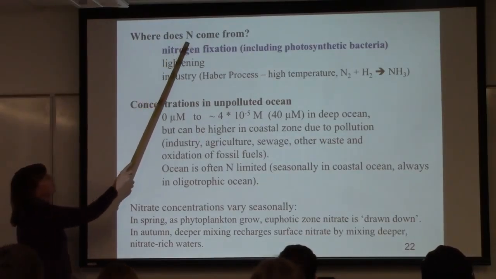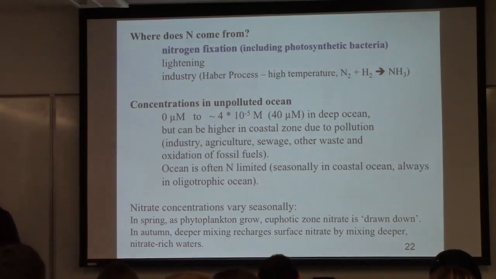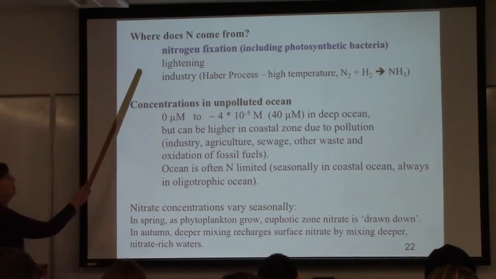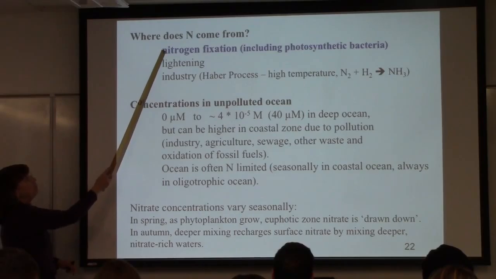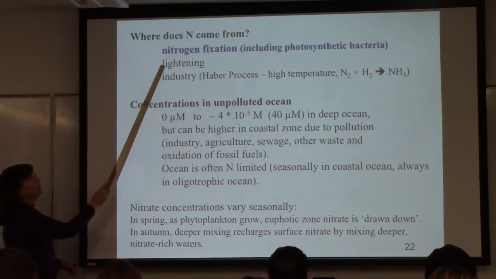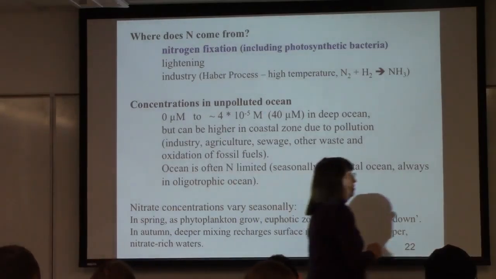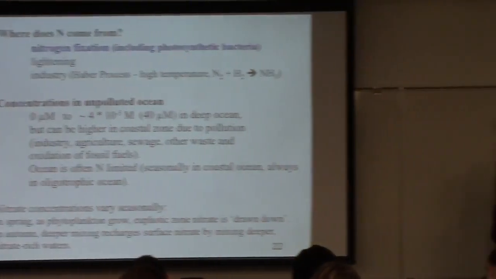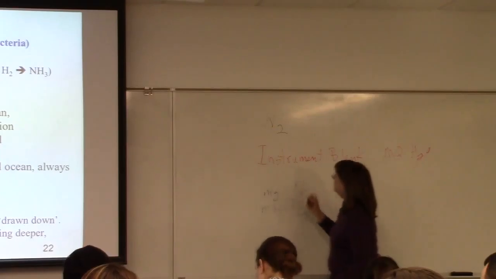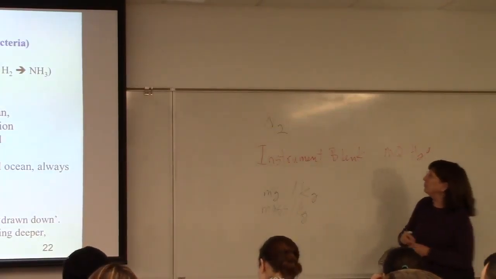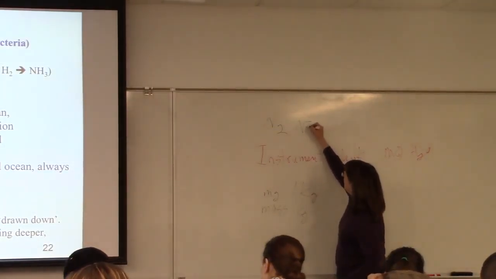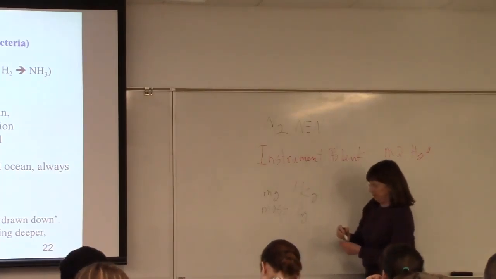So what's the source of nitrogen? Once again, we are changing the balance of nutrients in the world because of the 2 natural, non-human ways of getting nitrogen. So 80% of the air is diatomic dinitrogen, which is a really, really stable bond.